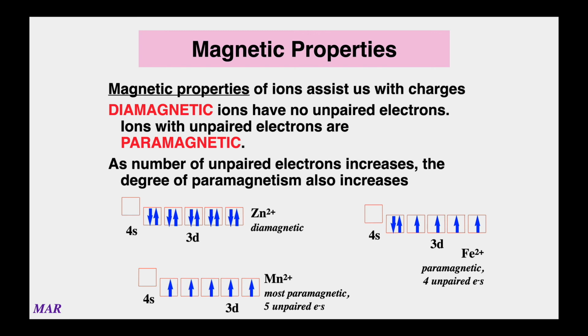You remove the 4s electrons as well, and you end up with 3d5. So if I asked which of those ions was the most paramagnetic, you would say that manganese 2 plus was the most paramagnetic. Usually the more unpaired electrons you have, the more paramagnetic something is. And of course, zinc as a diamagnetic system wouldn't be magnetic at all. It would be the least paramagnetic, or non-magnetic.